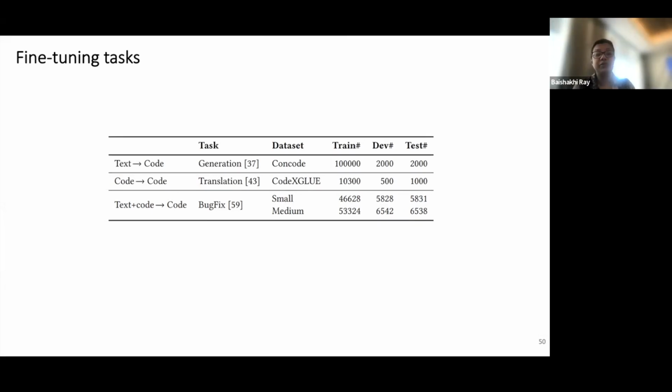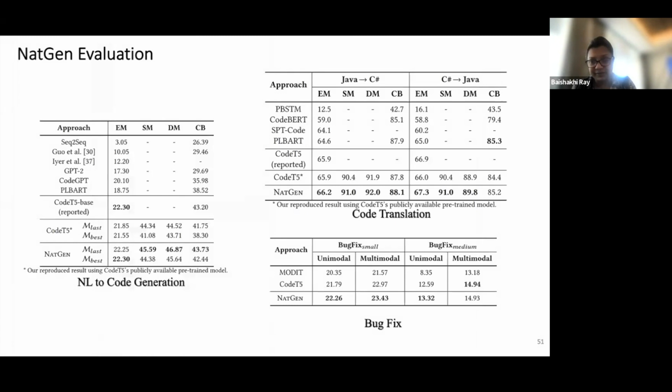And then we have this mixed setting where text plus code is the input and it generates code, which is a bug fix task. Across all these tasks, as you can see, the high level is that NatGen performs better than the state-of-the-art tools, which are mostly token based.